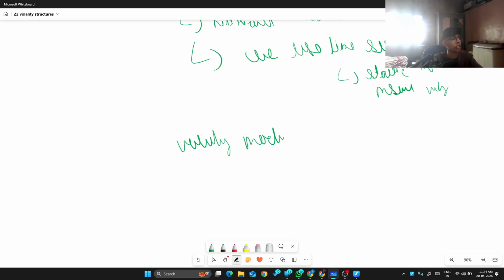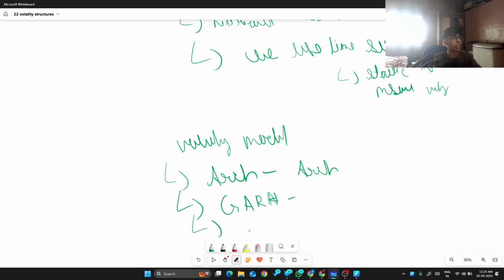Second is the ARCH model, autoregressive conditional heteroscedasticity model. Third is the GARCH model, generalized autoregressive conditional heteroscedasticity model, and the exponential moving average model.